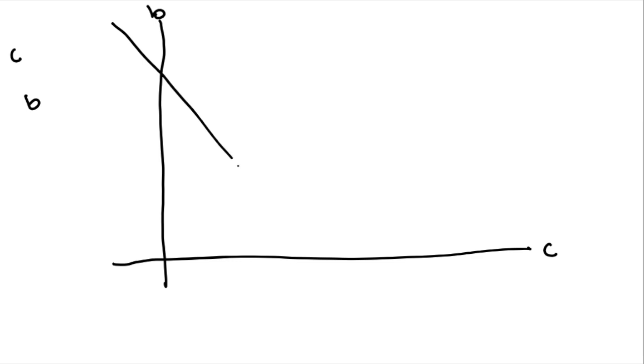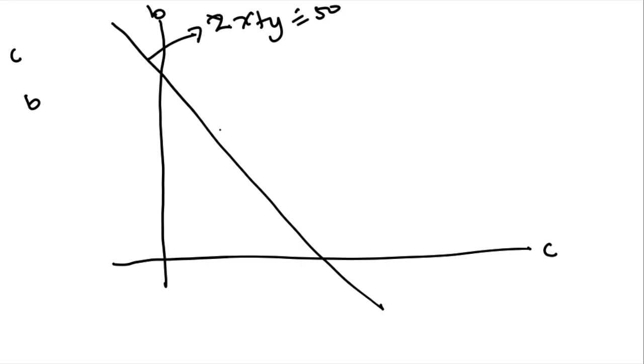This graph is 2X plus Y equal to 50. Here is 0, 50 and here is 25, 0. How to find 0, 50?